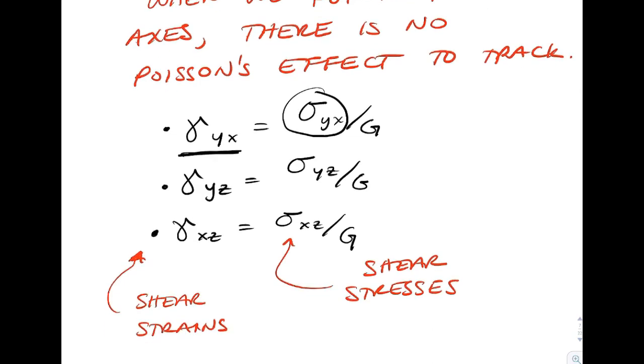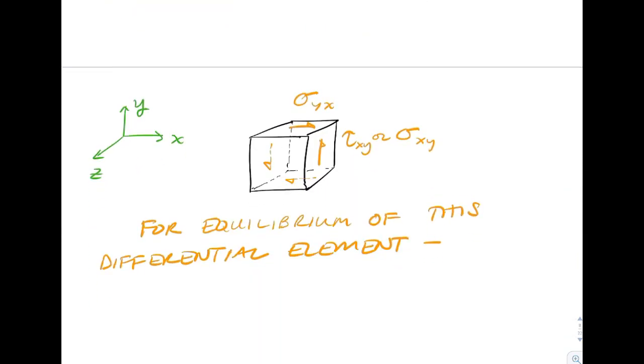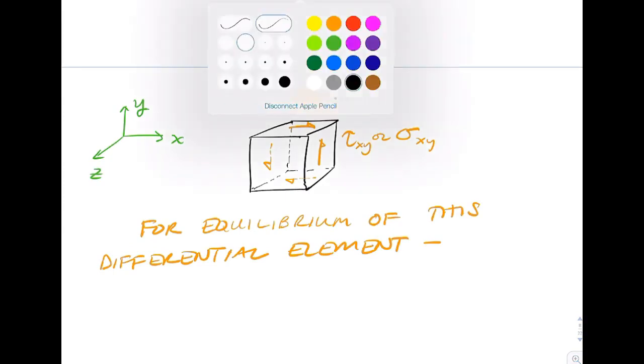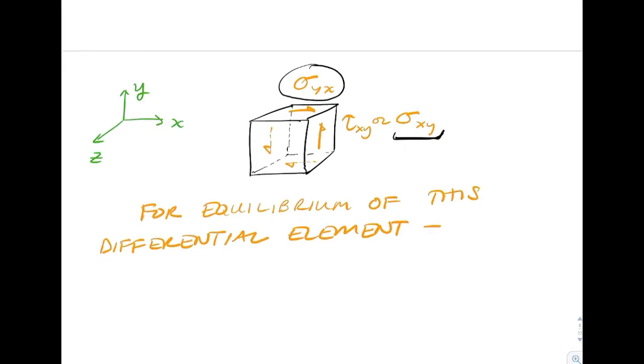Taking a look at the differential element with the stresses applied. If we have an element with shear stress, looking at the axes, this would be a sigma yx. On this face, we'd have a sigma xy. For this element to be in equilibrium, it's going to require that sigma yx equals sigma xy.